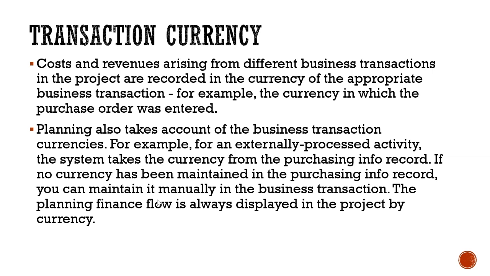So for the record where I purchase some material from the US, the transaction value will be in US currency only. And for the record which I procure from Germany, the transaction value will be in pound currency only. There will be separate records created against each of them.